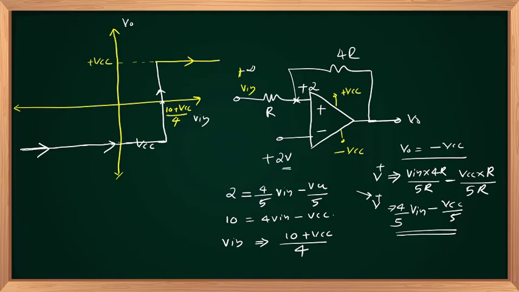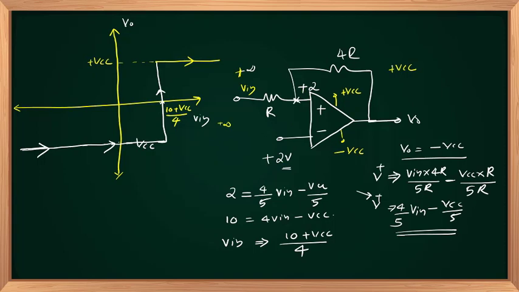If we are moving the other way, if your input is at plus infinity, my output will be at plus VCC, because a large positive value here implies a positive value greater than 2 because V in is infinity.